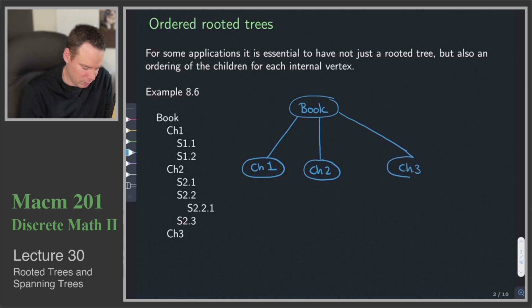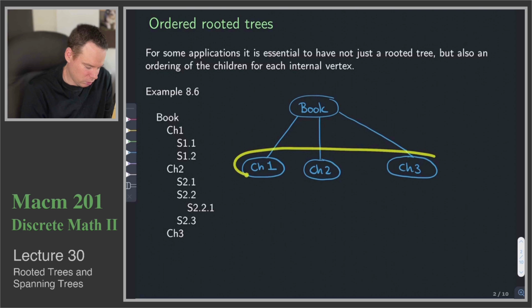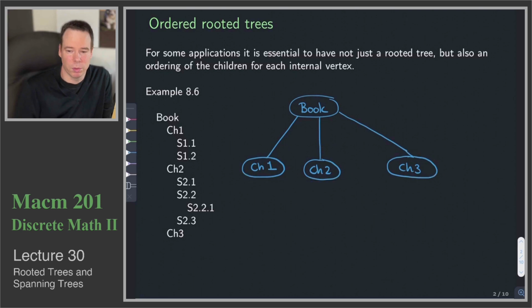Now the thing to observe here is that the order matters. Chapter 1 precedes chapter 2, which precedes chapter 3. So this is what we mean by it might be desirable to have an ordering of the children. There's 3 children here, but we also want them ordered in a specific way. Chapter 1 is the first child, chapter 2 is the second child, chapter 3 is the third child.